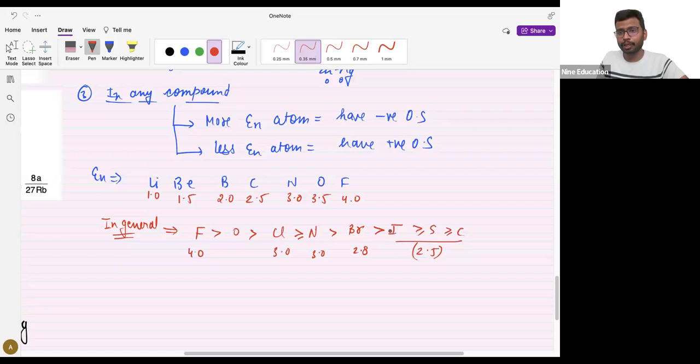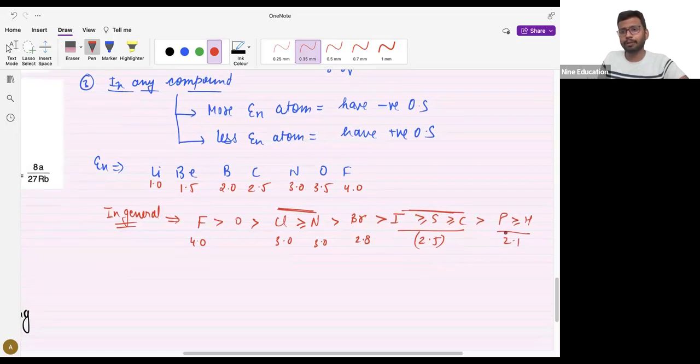Iodine is more electronegative than sulfur, than carbon. So even with the same electronegativity you can have a preference. Last one is phosphorus and hydrogen. Both are 2.1, but phosphorus is a little more electronegative than hydrogen. You can remember.